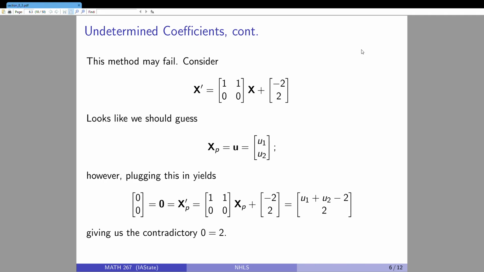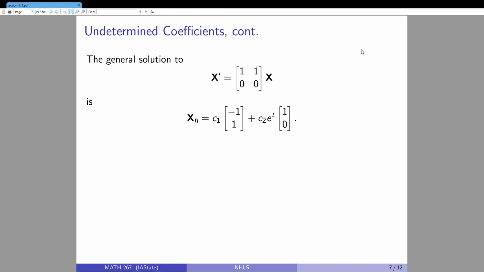Now, why did it not work out? If we let our mind float back, the reason guesses can fail is that sometimes the thing we guess is actually part of the homogeneous solution. So let's actually solve for the associated homogeneous, which would be this differential equation, which has this as a solution. You can check that it does.